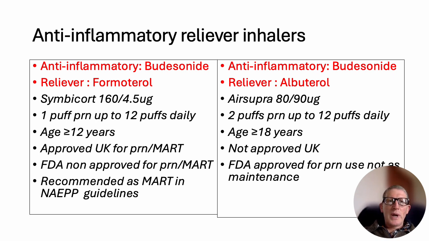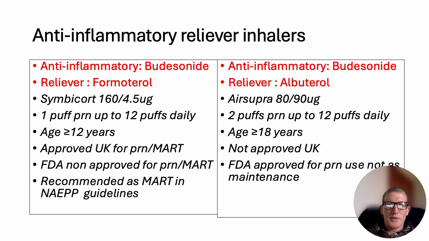In the US only, there's another anti-inflammatory reliever inhaler, which is the combination of budesonide with albuterol, which goes by the name of Airsupra, and that has an FDA approved indication of 2 puffs on demand up to a maximum in any given day of 12 puffs, and that's for age 18 and above.